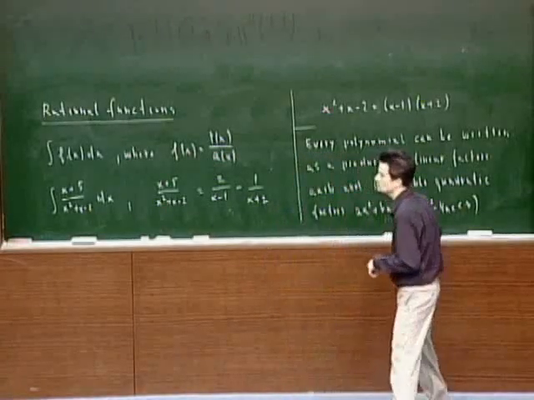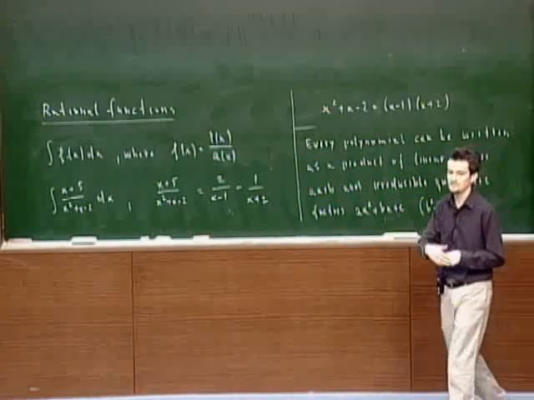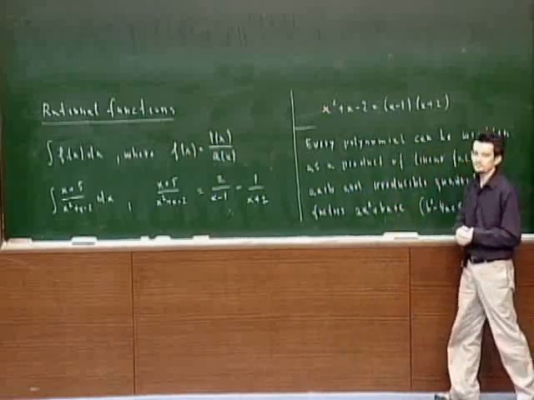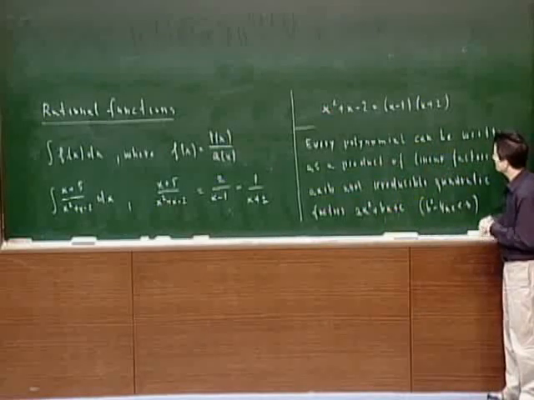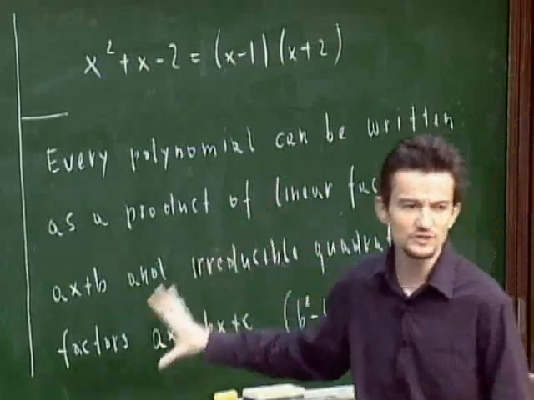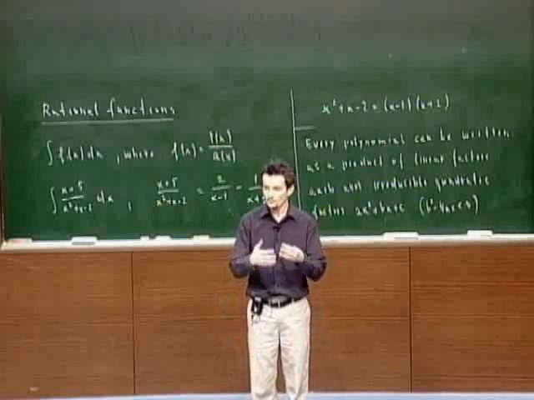But we are working over real numbers because our problem is real. Okay, so we do not want to go to the complex numbers. If you are working over the real numbers, then it can be proved that it's possible to write every polynomial as a product of linear factors and irreducible quadratic factors. And of course, you can prove this once you know what happens over the complex numbers.